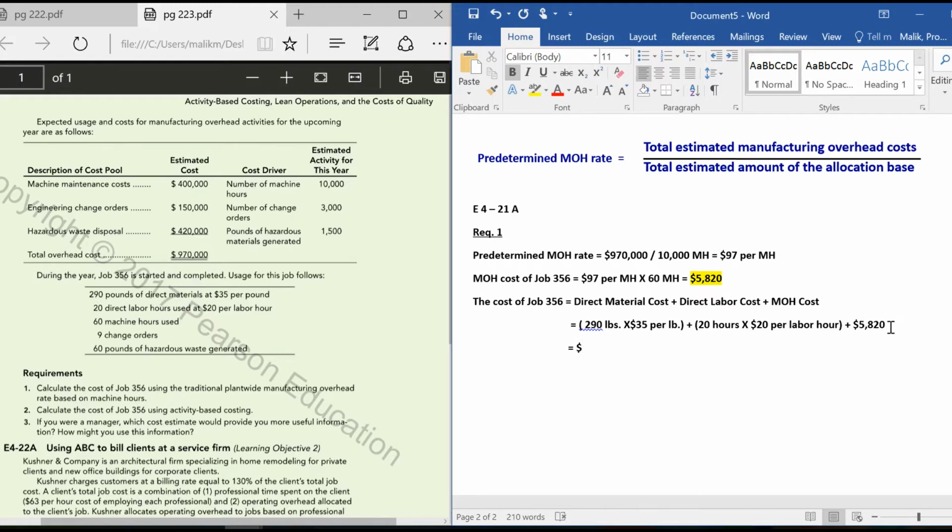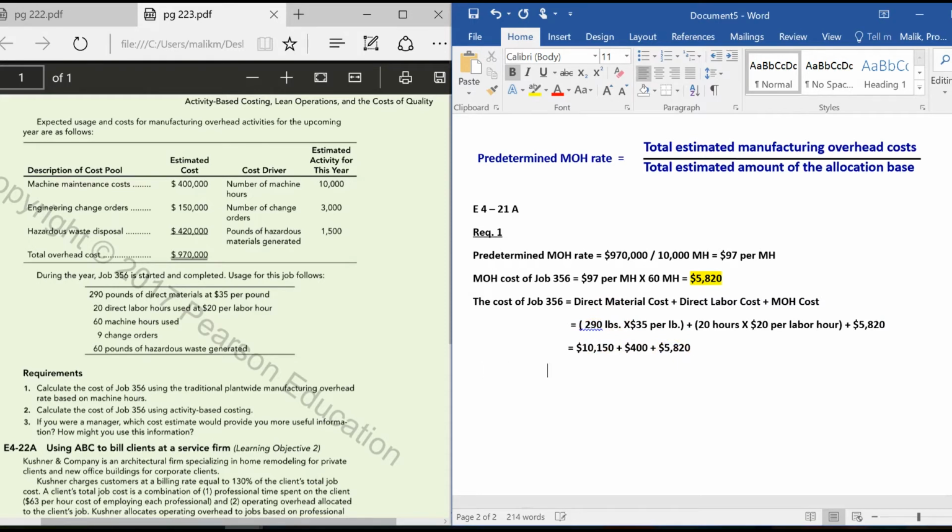check with your calculator. I have my calculator and I'm calculating, and I got 10,150. Direct labor cost is very simple, 20 times 20, which is $400. And overhead, we actually calculated, which is $5,820. So these are the three components of your cost.